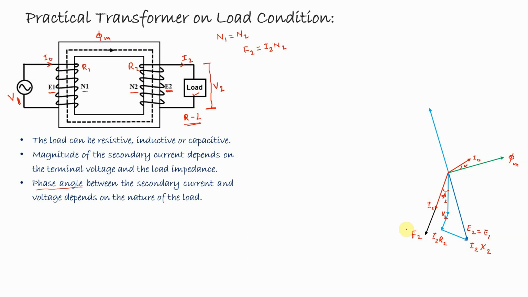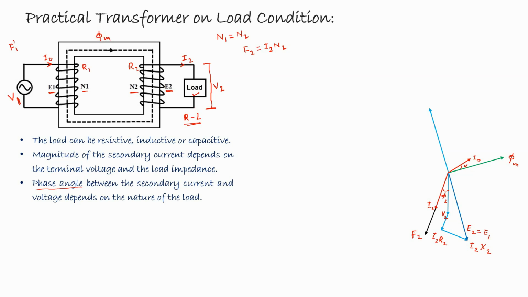In ideal condition, during loaded condition of the transformer, you have seen that when a magnetomotive force is developed in the secondary side because of the load current, another magnetomotive force is developed in the primary side, which is responsible to compensate the magnetomotive force developed in the secondary side, so that there will be no change in mutual flux phi m.